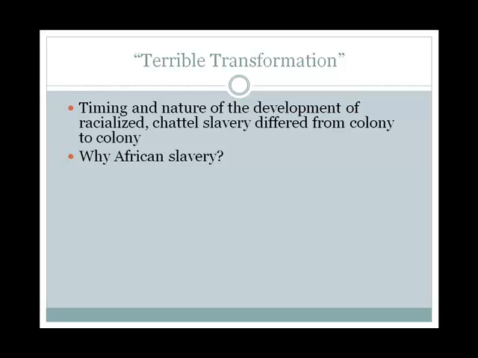Bad treatment meant the loss of laborers to other colonies. If these workers discovered that in Virginia, for example, or in the Carolinas, they were treated very poorly, then the next group of indentured servants would prefer to sign on to settlements in the Chesapeake region, in Virginia or in Maryland.